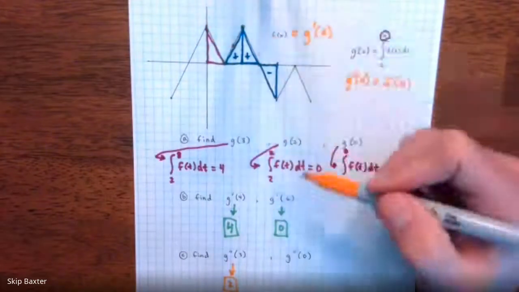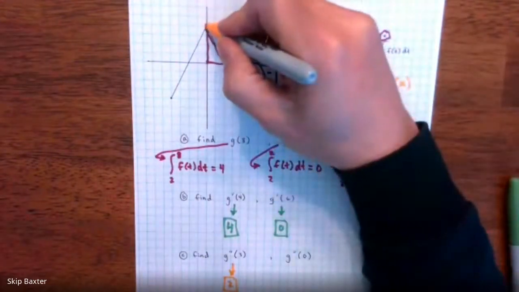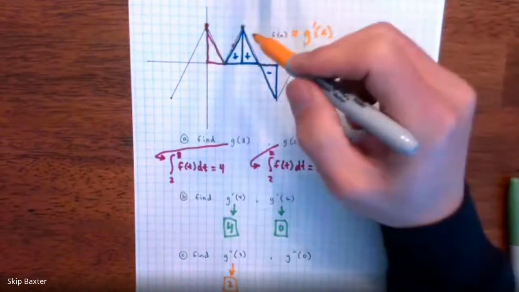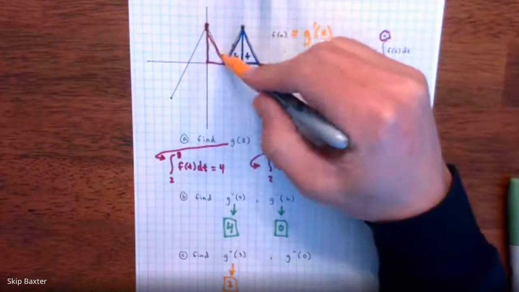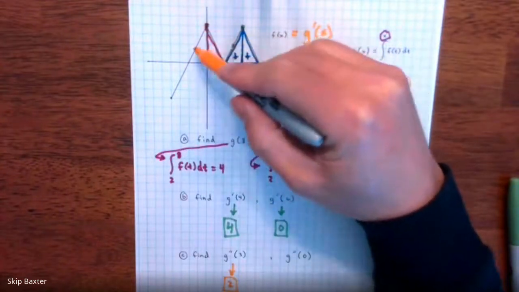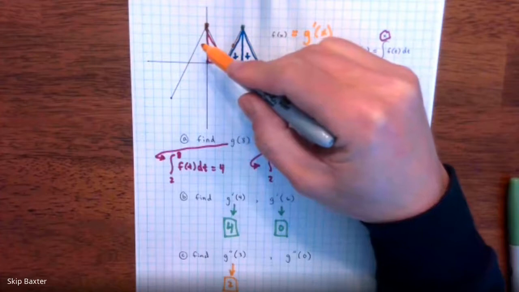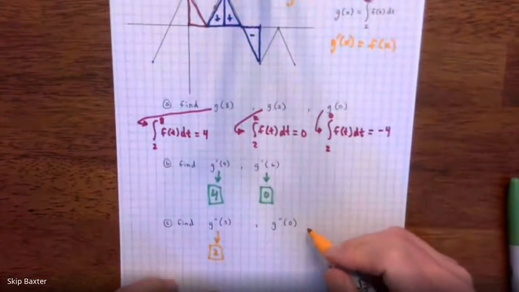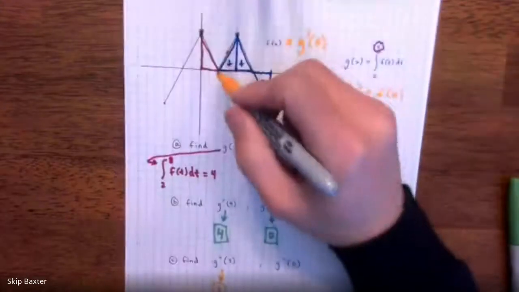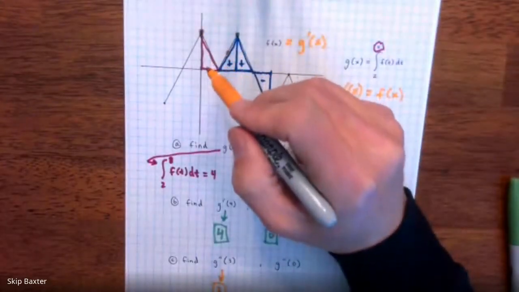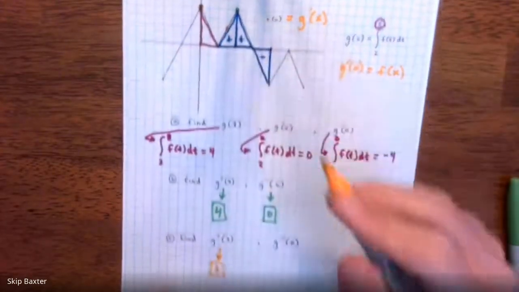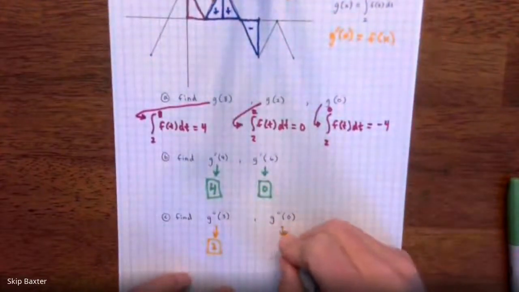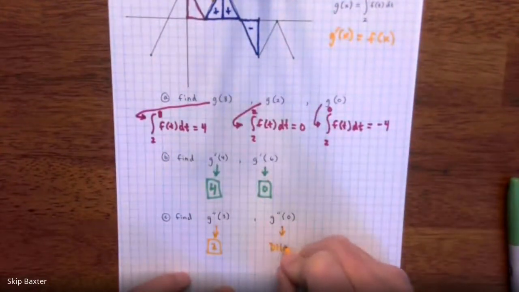This point right there has no slope. It's undefined slope because it's a corner. The derivative is not defined at that point. So if I'm asked to find g double prime of 0, that's the derivative of this graph at 0, which would be undefined or does not exist.